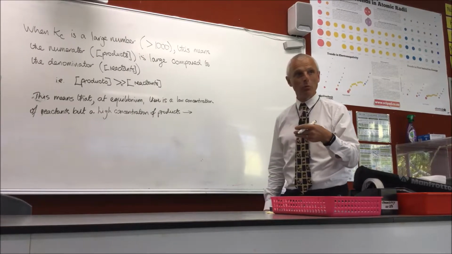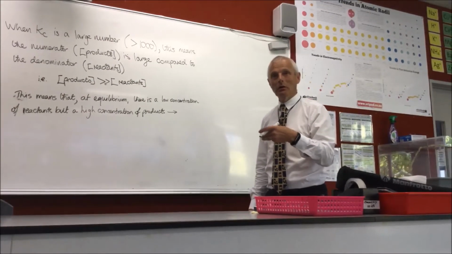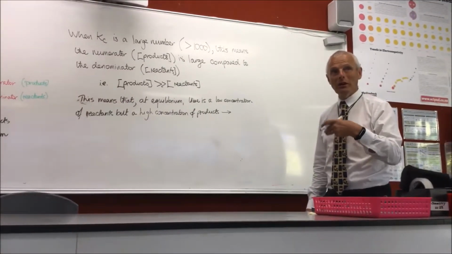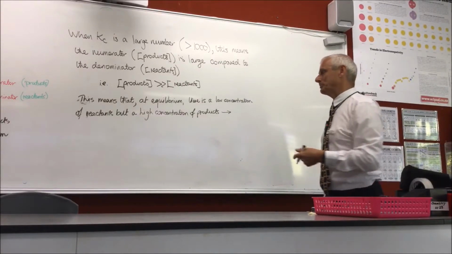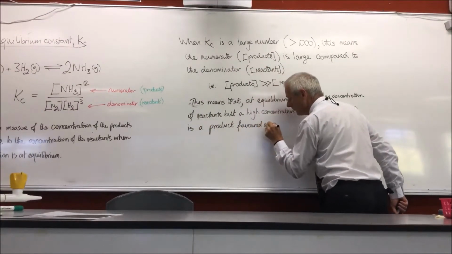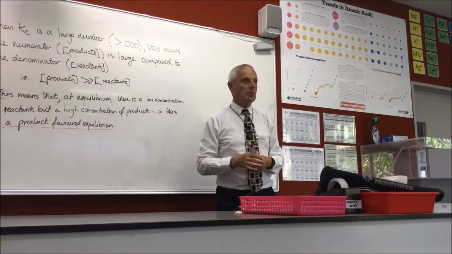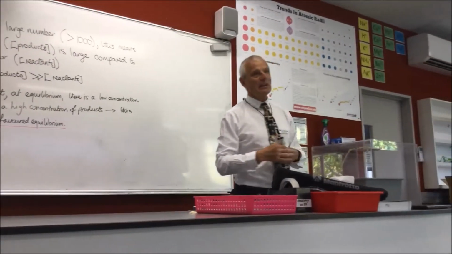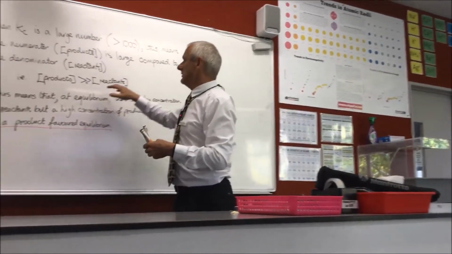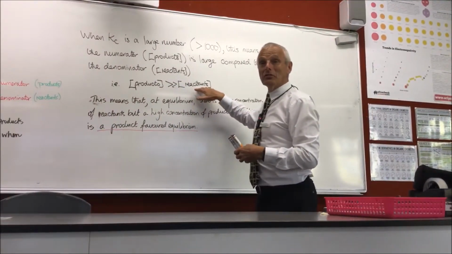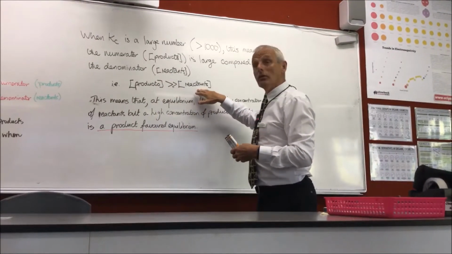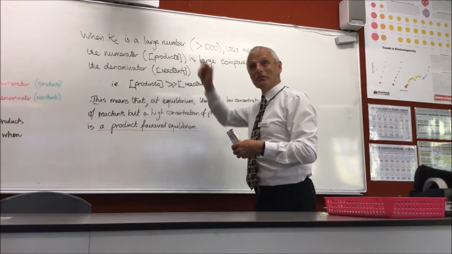And that's the expression we use, okay? Either a product-favoured equilibrium or equilibrium favours the products. Now when Kc is an enormous number, that's telling us that the concentration of reactants has gone through the floor and the products has gone through the roof.